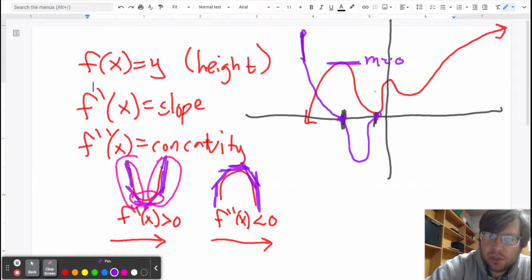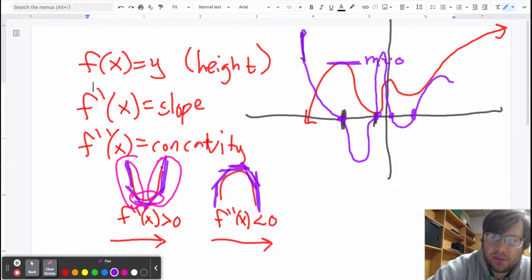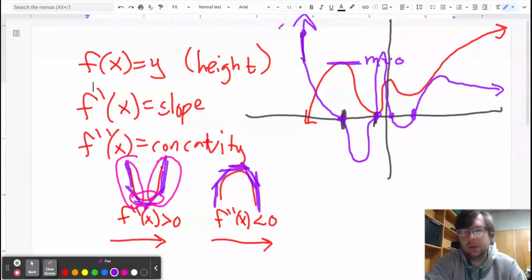Then it goes super steep, so that's a big positive number, and then it hits back down to 0 right about there. Now it decreases, but not too much, and it goes back till it's flat right about there. And from there on out, it's increasing, so my derivative is positive, but it seems to flatten out like that.